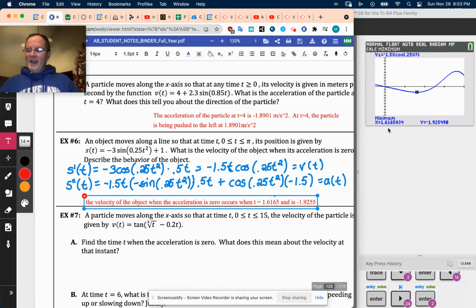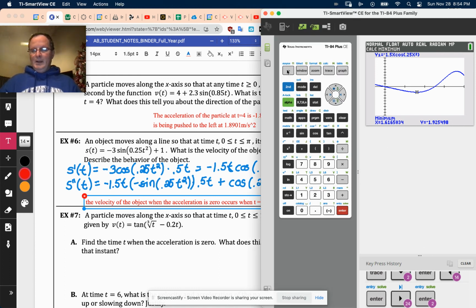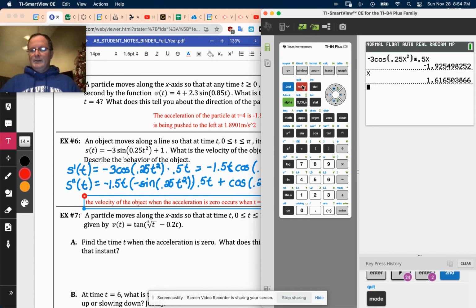Again, that's stored as x, which is really good. And so then I could substitute it in, because I want to know what the velocity was, back up here again. The derivative is right there, and then I could find the velocity.